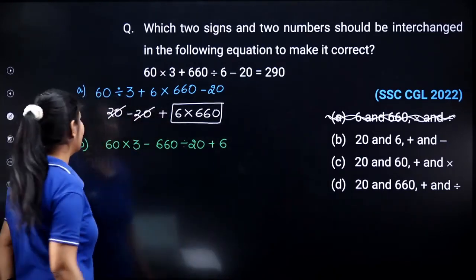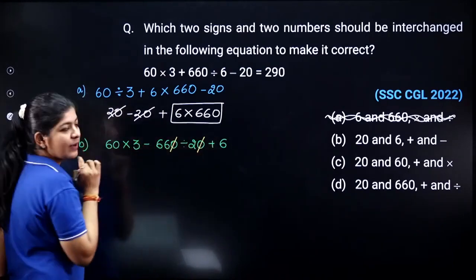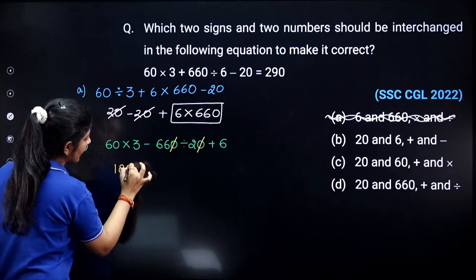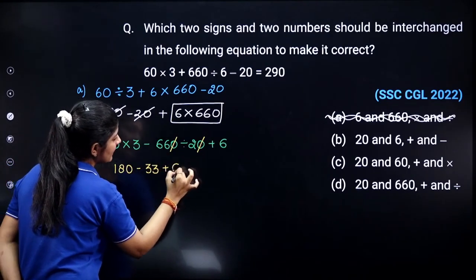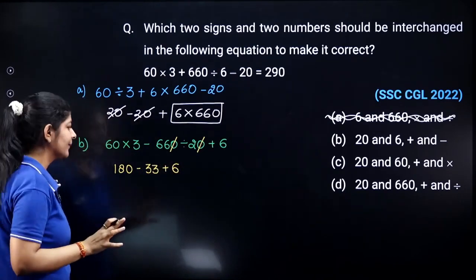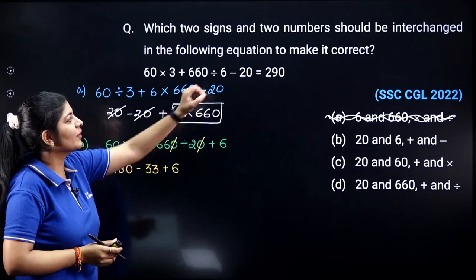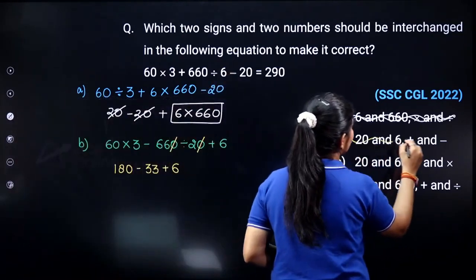We know that this 0 and this 0 are eliminated. Here I am getting 33. 180 minus 33 plus 6. If I solve this equation, after this also I am not able to get 290 as my answer. So this option is also eliminated.